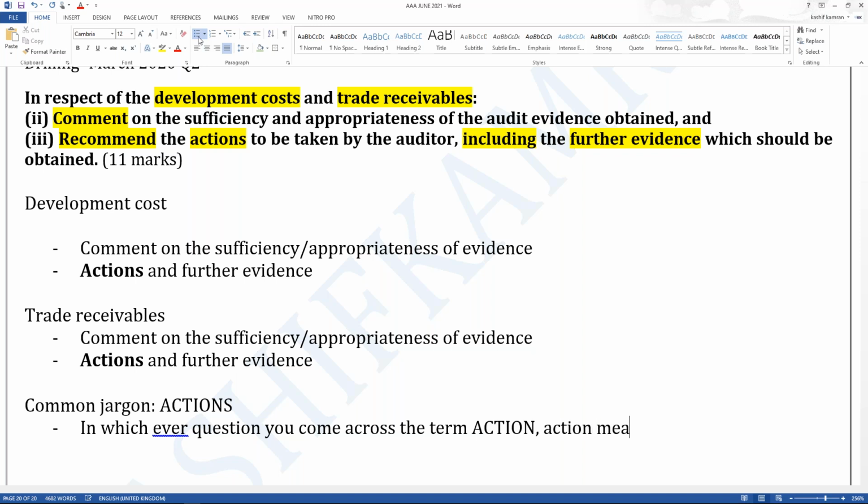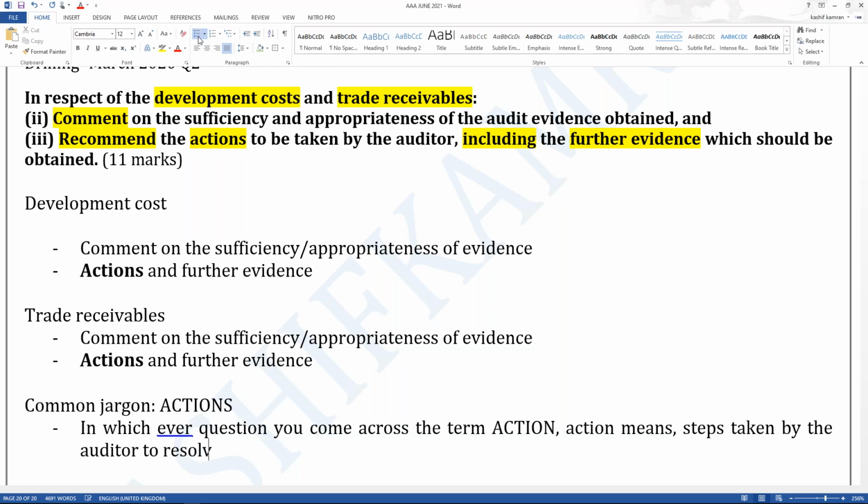Action means steps taken by the auditor to resolve an issue in the case study. The purpose of action is to resolve an issue.